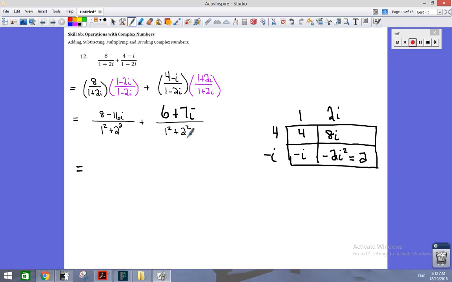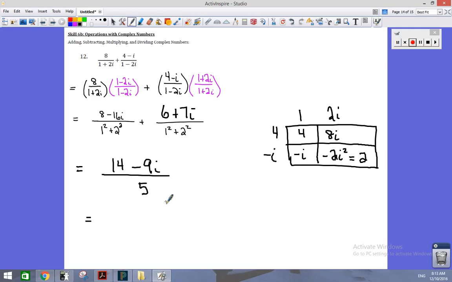So I have a common denominator here of 5 because 1 plus 4 is 5. I've got 8 plus 6, which is 14, and negative 6i plus 7i is negative 9i. And to me, that's fine. I would accept you leaving your answer like this.